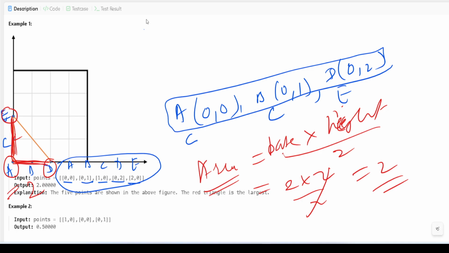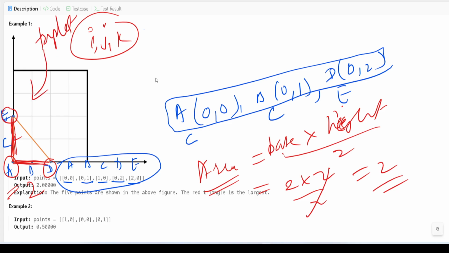write the code. Okay, so very first we'll take 3 pointers, I, j and k, because we need the triplets to form the triangle, right?